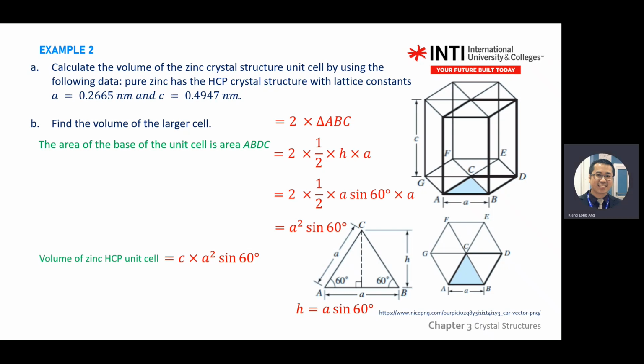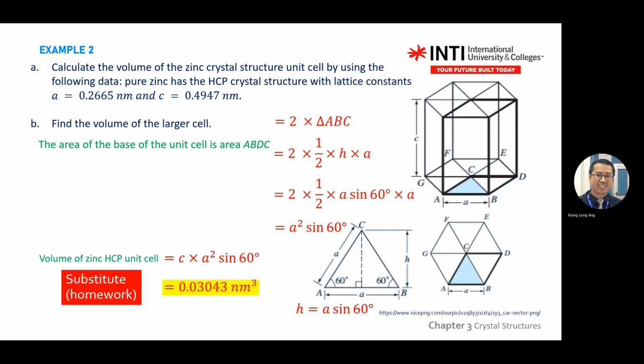Try to understand the mathematics, how they calculate. There is nothing complex here. You only need to recall how to calculate the area of an equilateral triangle. So you substitute your C value and A value, you get one number.